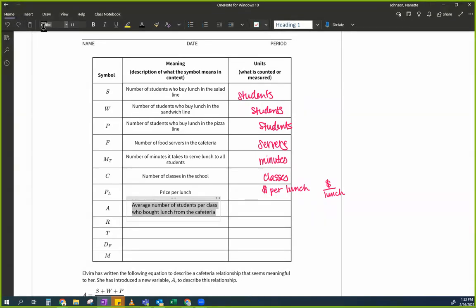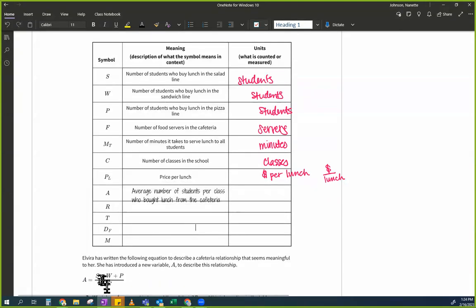Okay, so look here to figure out why we said certain words according to this equation. What made you say per?